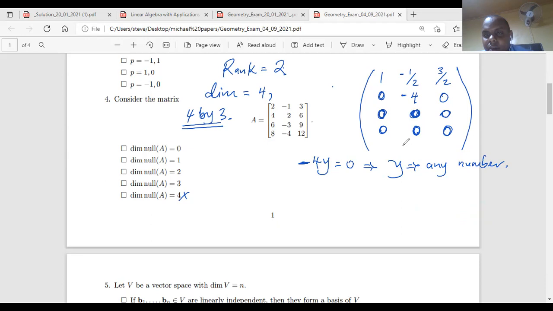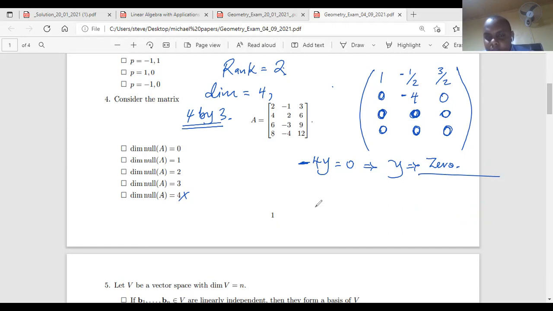But is it not 0? Why is it not 0? Y is 0. I'm going crazy. Y has to be 0. Yes, so y is 0.